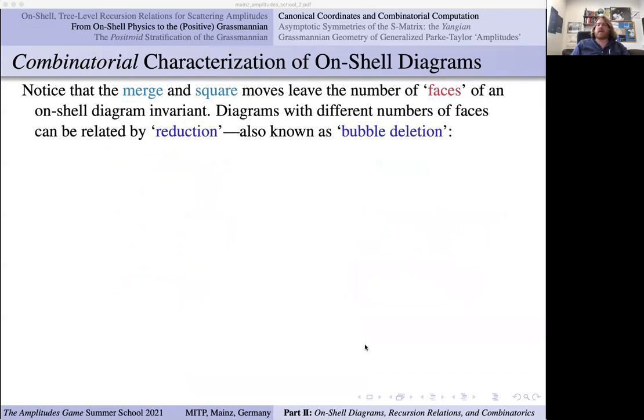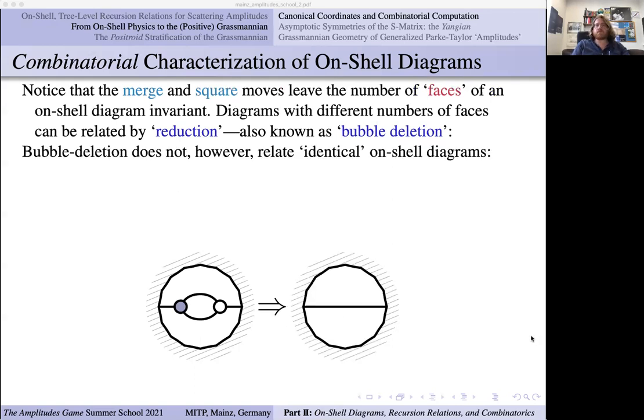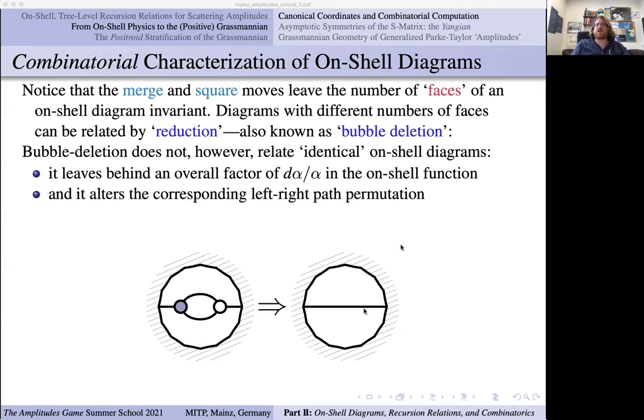There's a notion of having a diagram be reduced and not reduced. Reduction happens through bubble deletion, which is if you have this little bubble inside of a diagram, you can delete it. It does not give you the same on-shell function, but it gives you just a trivial prefactor in front of it. It leaves behind just a d alpha over alpha on the on-shell function, so it gives you a very simple volume form on it.